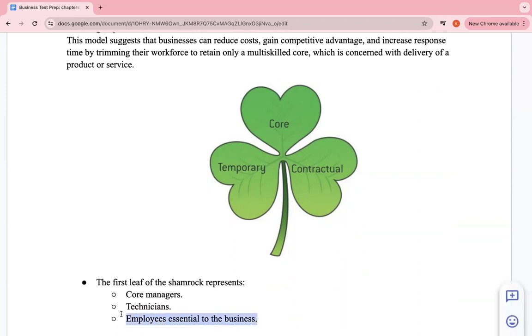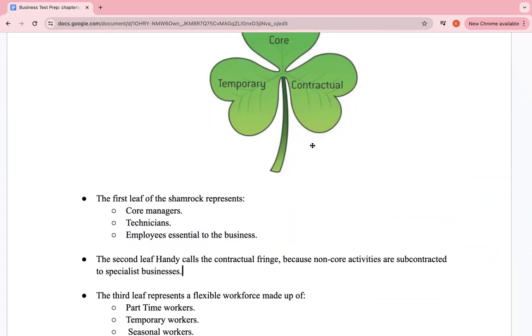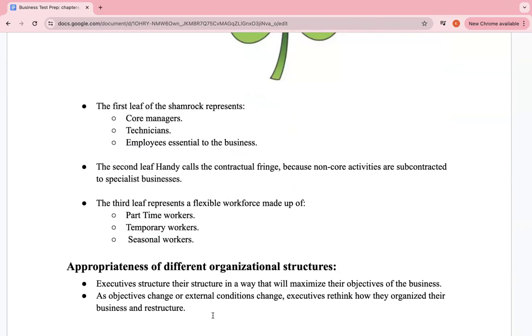These are employees that are part of the business, which is why they're called core. The second is the contractual fringe, because non-core activities are subcontracted to specialist businesses, like the example I just gave you. And the third is temporary: part-time workers, temporary workers, seasonal workers. For example, if the business needs workers just in the winter time or just part-time.